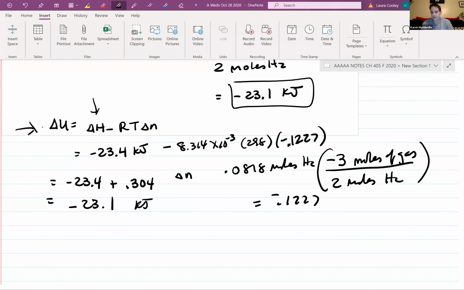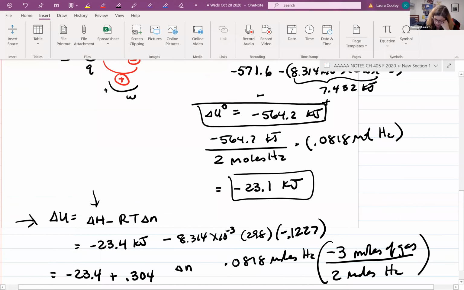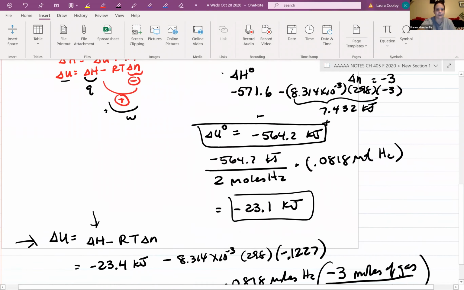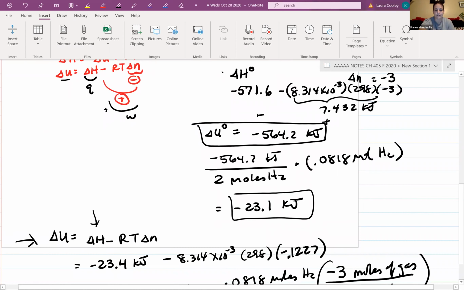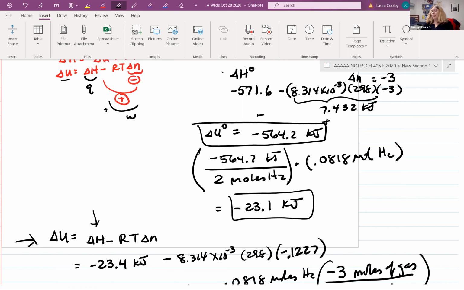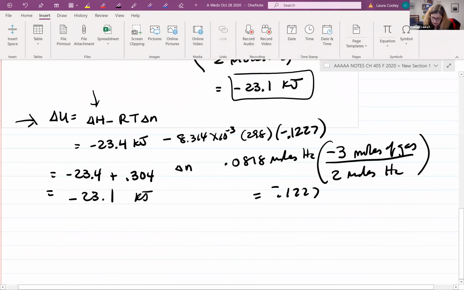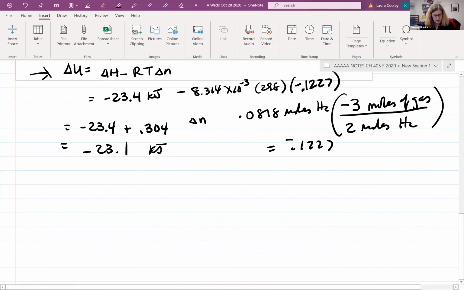Yes, right there, the negative 564.7 divided by 2 moles. Because it's not negative 564.2 kilojoules per mole of H2. It's per the way the equation is written, with the stoichiometric coefficients that are there. Okay, thank you. It's a little bit confusing, this section, I have to admit. That's why I go over it so much.